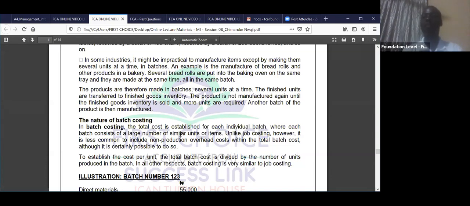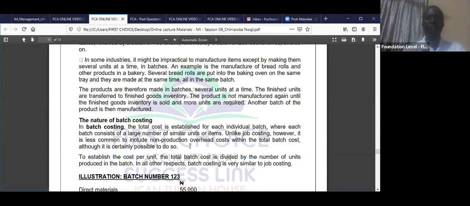You cannot produce just a single bread; you are just going to be wasting resources. So how do they produce in batches? They know how many the oven can carry, and so they might decide that a batch could be how many the oven could carry.